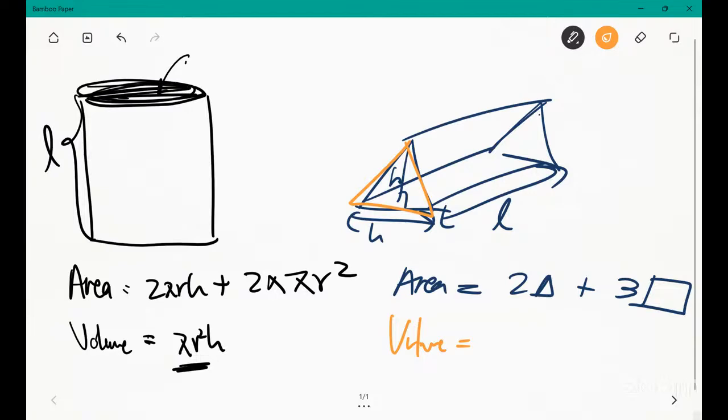Half into BHL. Correct. Half BHL. Amazing. Hopefully everyone got it into their heads by now. Is it easy now? Did you understand? Are there any questions? Okay, nice.